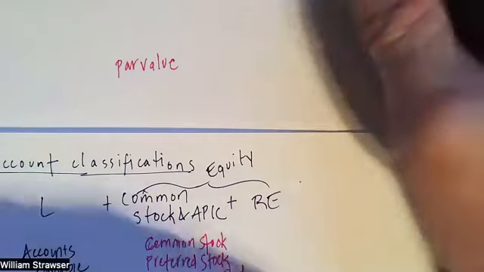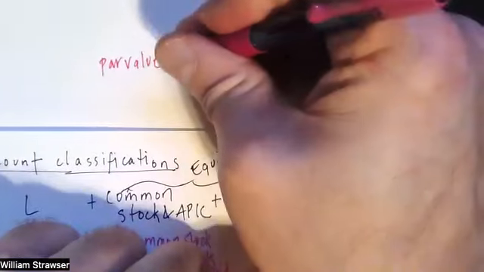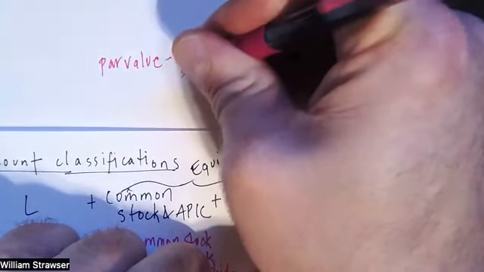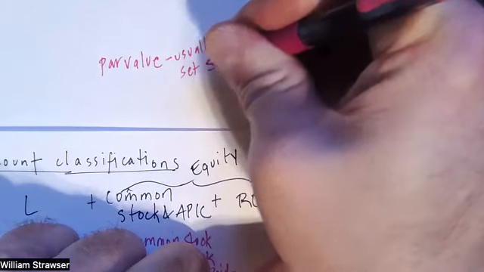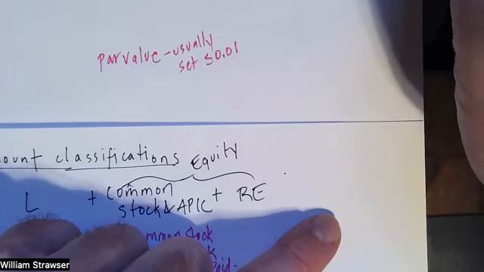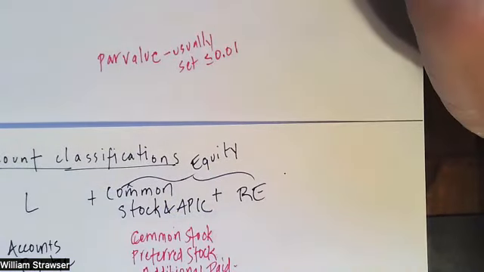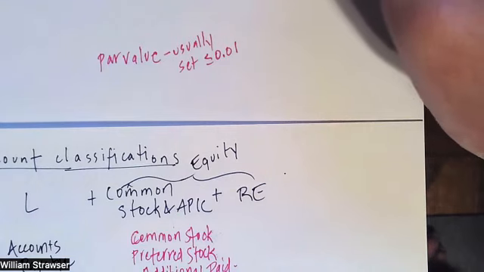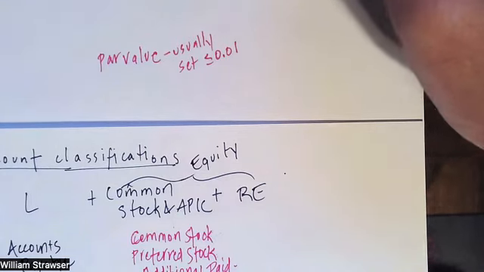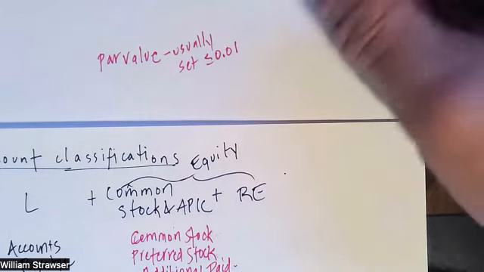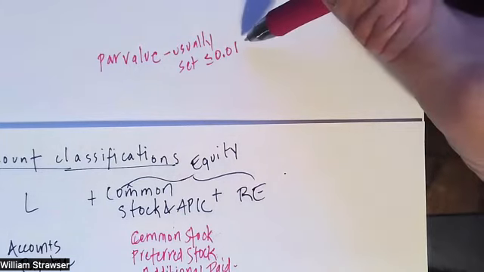And so most companies set it at less than a cent. You probably see it as $1 in most of your classes just because it makes it simpler. You don't have to worry about multiplying it by 0.01, you multiply it by 1. But that's usually very, very low amounts.